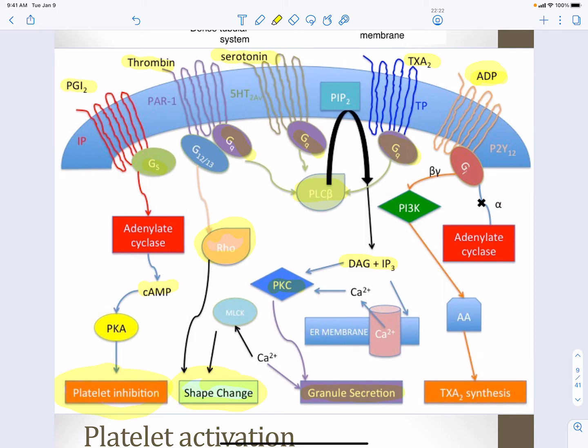And this is important for platelet aggregation. And it also is going to lead to a signal transduction pathway that's going to lead to thromboxane synthesis. And so in general, your platelets are extremely active. They have a lot of things going on when they start to get activated, and they also have some inhibitory things to control their activation.